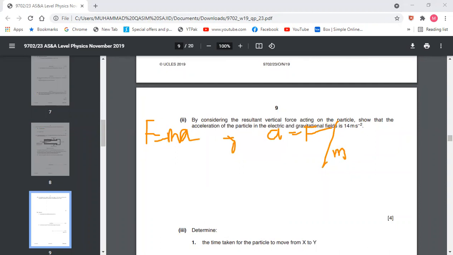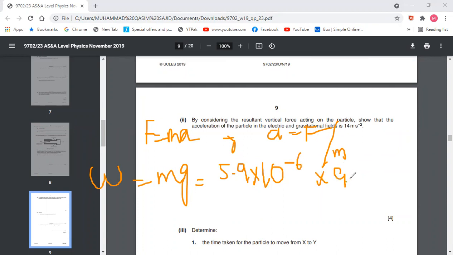First we have to find the force W, which depends on the weight. W equals mg. The mass given is 5.9 into 10 raised to power minus 6, and the value of g is 9.8. So what will be the value, Abdullah?